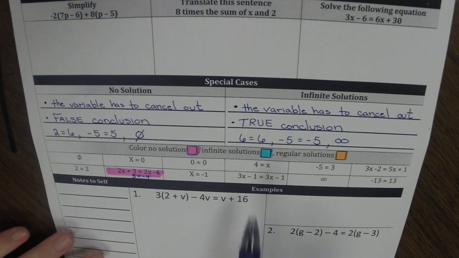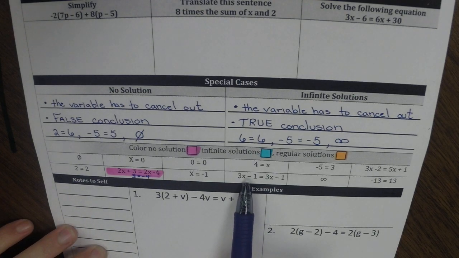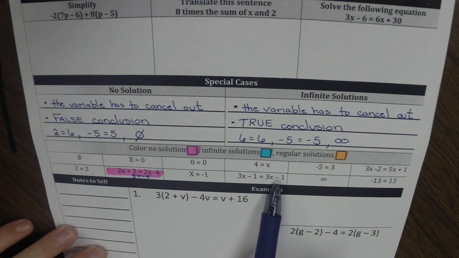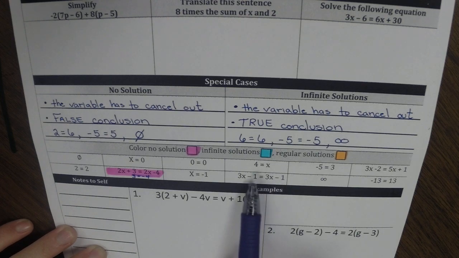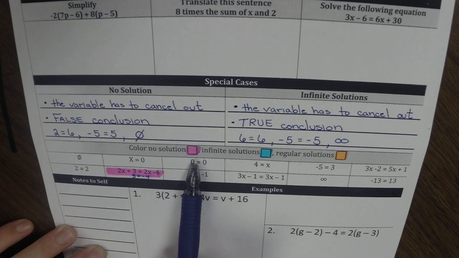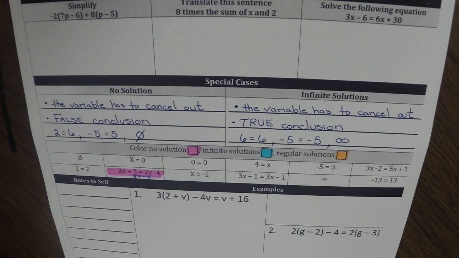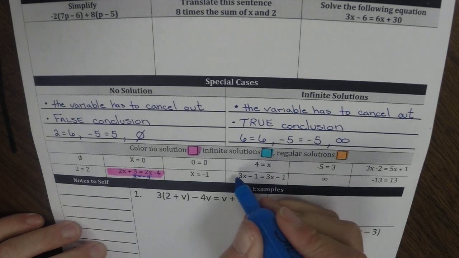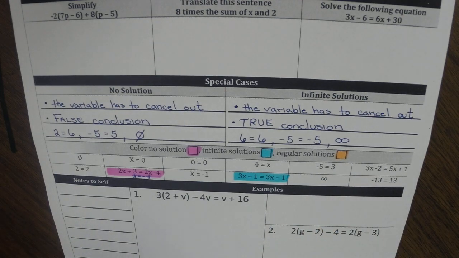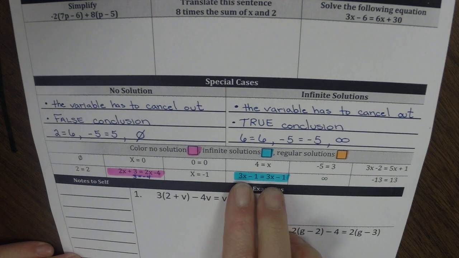Now look at this one. We have 3x minus 1 equals 3x minus 1. Those are identical. That's the same thing as saying 0 equals 0, or 2 equals 2, or 6 equals 6. So that would be infinite solutions. If they're completely identical, it's infinite solutions.